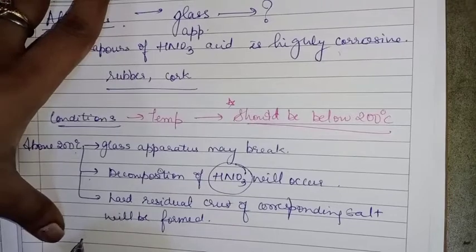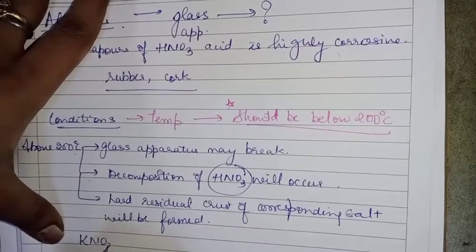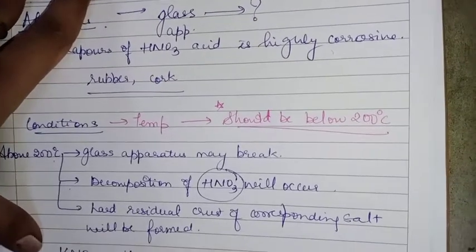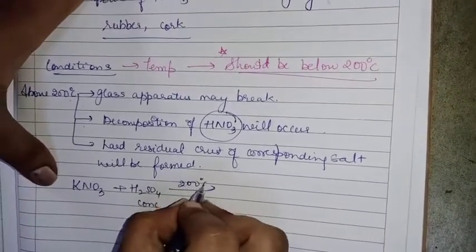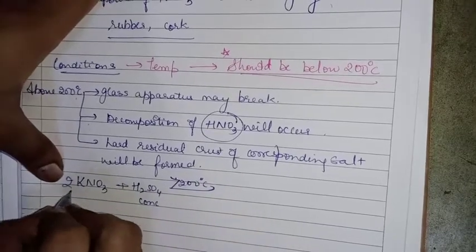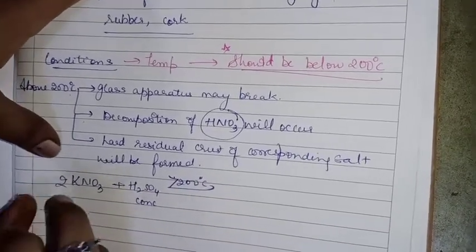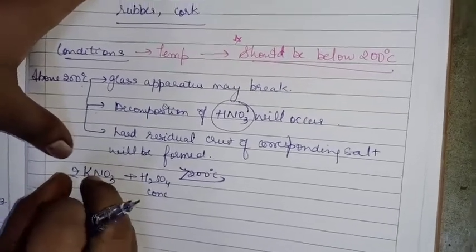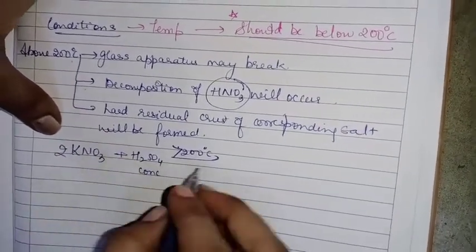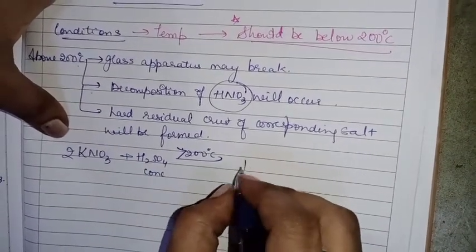So here, when we treat KNO3 with concentrated sulfuric acid above 200 degrees Celsius, the reaction will occur in such a way that it will displace all the hydrogen.